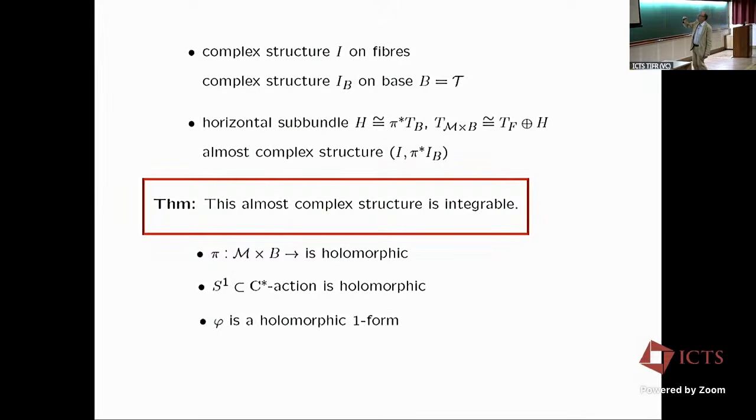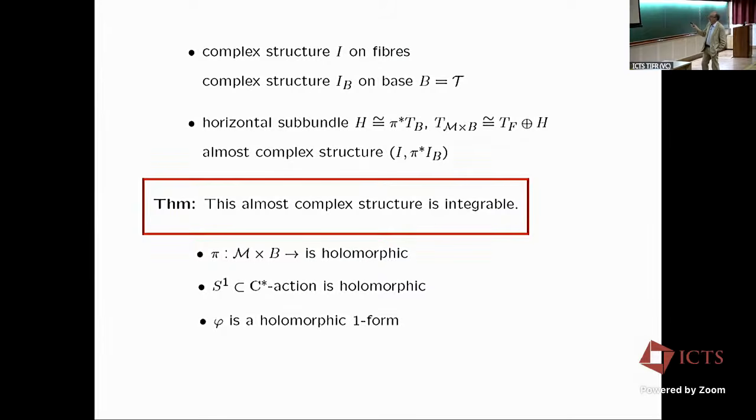On the horizontal space we put the complex structure from the base, from Teichmüller space. On the vertical space, the vertical tangent space is the tangent space of the Higgs bundle moduli space, with its complex structure. Using this horizontal subbundle, we put on an almost complex structure. And we need to prove that this is integrable.